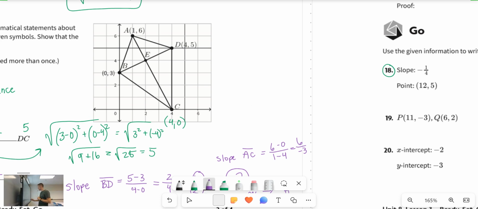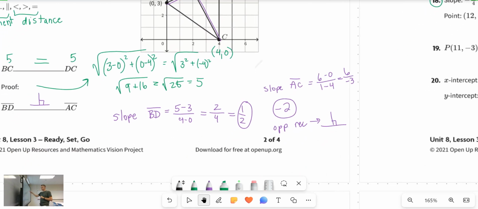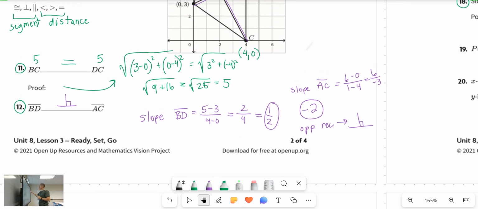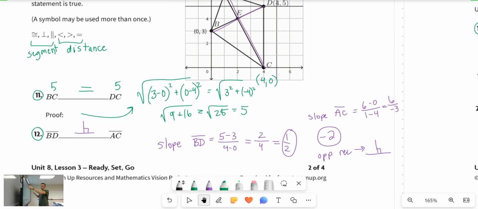AC, that's one of our crossovers, right? AC here and BD here. And now the question is, didn't we already do AC and BD? We did, right? Question 12 was BD and AC, but it was asking about the segments, and the segments means that we're looking at congruency, perpendicular, parallel.